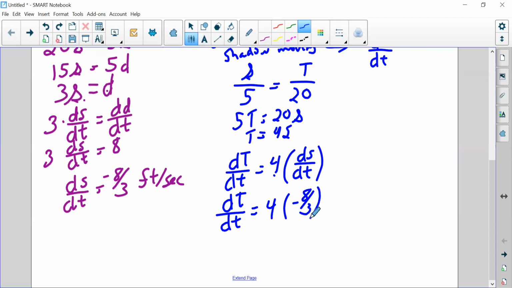Okay, and then we take that negative 8/3 and we multiply it by that 4 and we get negative 32 thirds. So the tip of the shadow is decreasing at a rate of 32 thirds feet per second. That's how I would do that one.